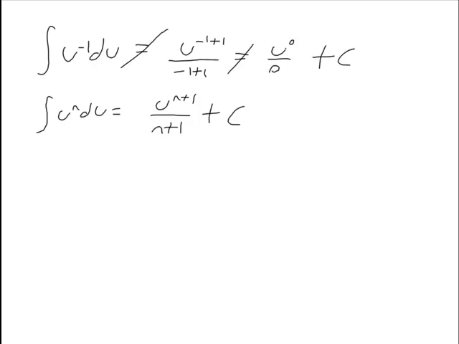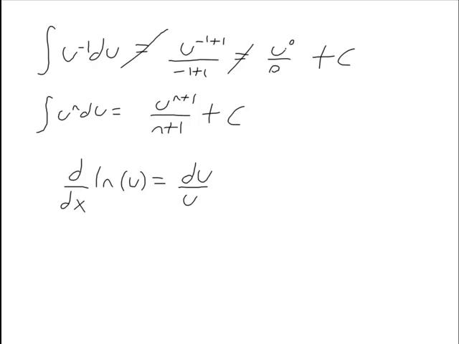Well, this is where I think it gets really fascinating. If we think about our derivative for the natural log, we know that the derivative with respect to x of the natural log of u, u being a function of x in this case, is equal to the derivative of u over u.